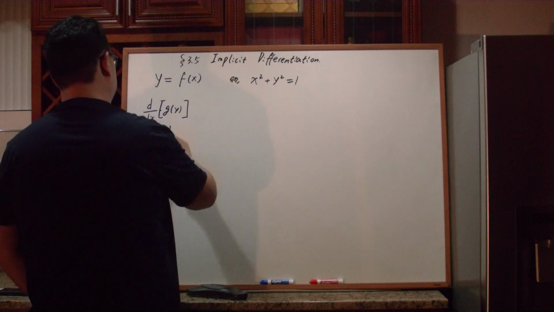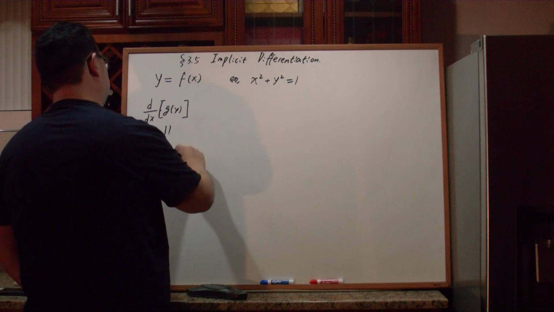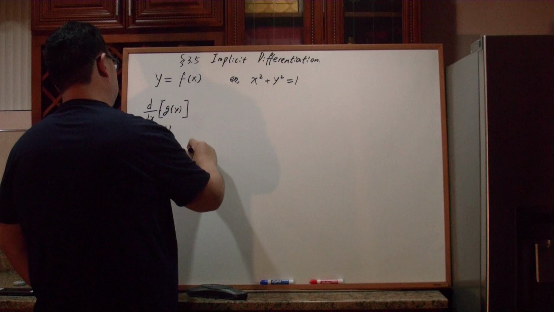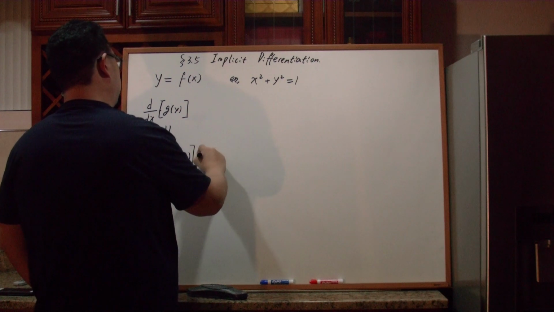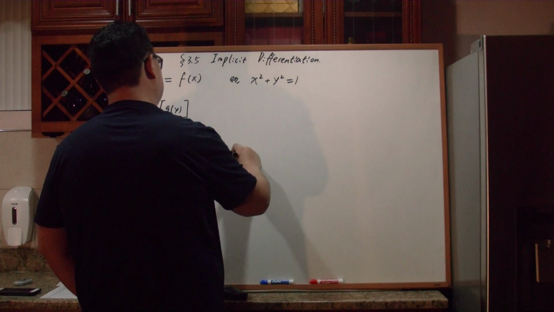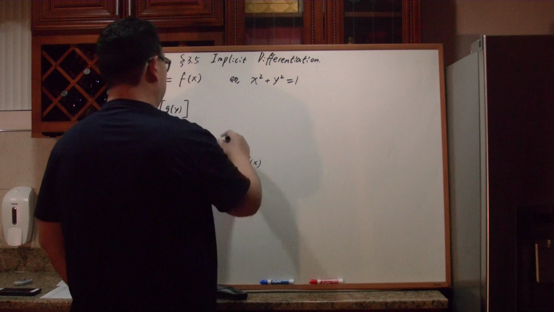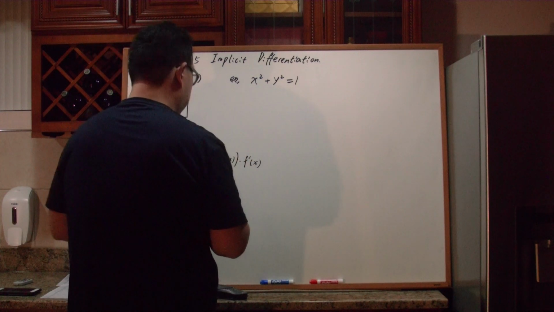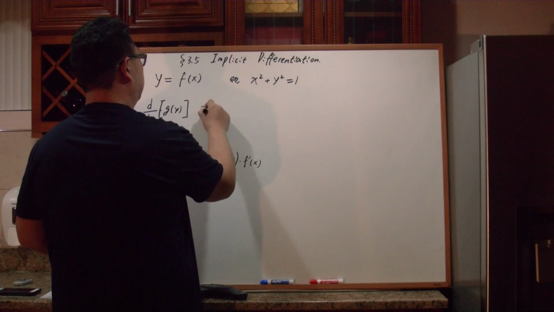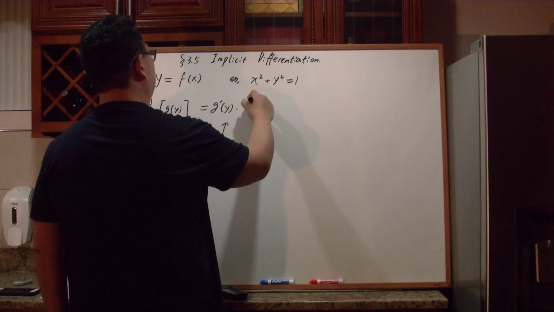Illustrating that, we take g of f of x, and when we apply the chain rule, that's g prime of f of x multiplied by f prime of x. In other words, going back to the formula, that's g prime of y multiplied by y prime.